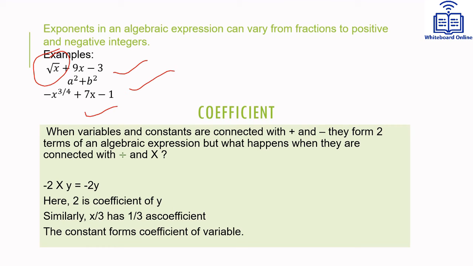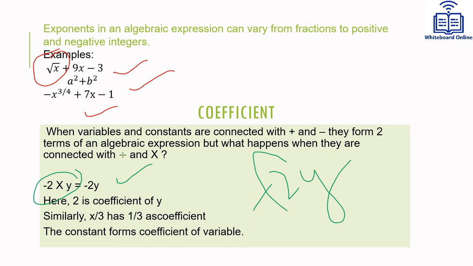Here we can see that. Minus 2 multiplied by y: minus 2 and y are connected by multiply, and we have studied that multiply and divide do not form a new term. Therefore, this is a single term. Minus 2y is a single term.